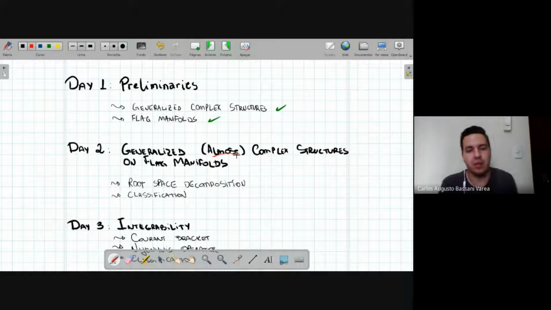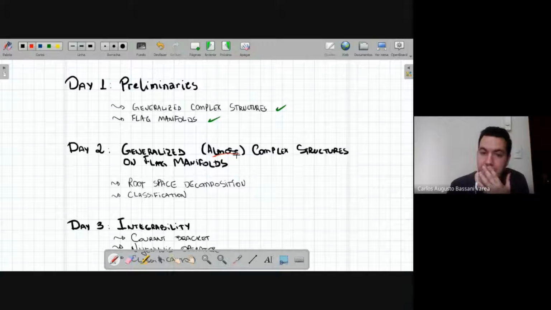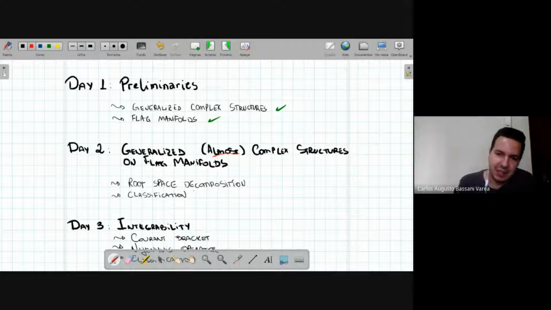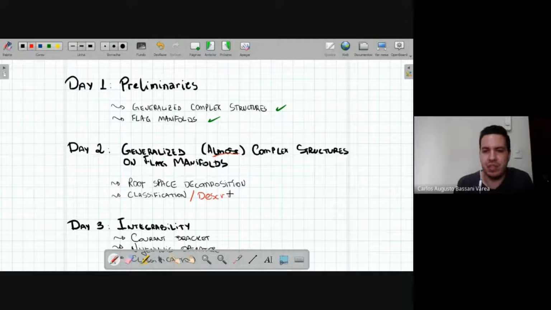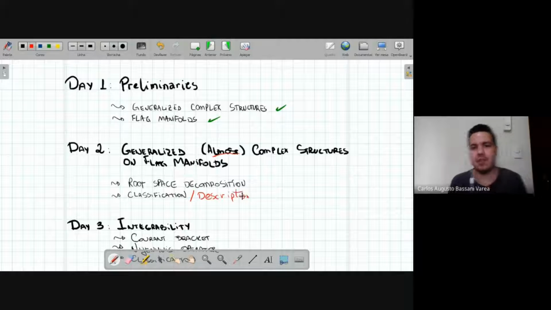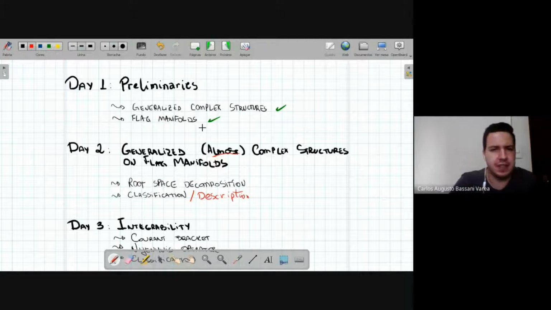Today we are not going to worry about integrability. The integrability will be studied in the last day. Maybe here a better word than classification is a description of these structures. Okay, so this is the idea today.